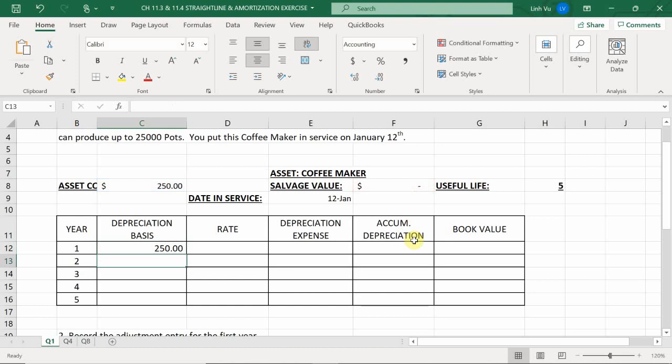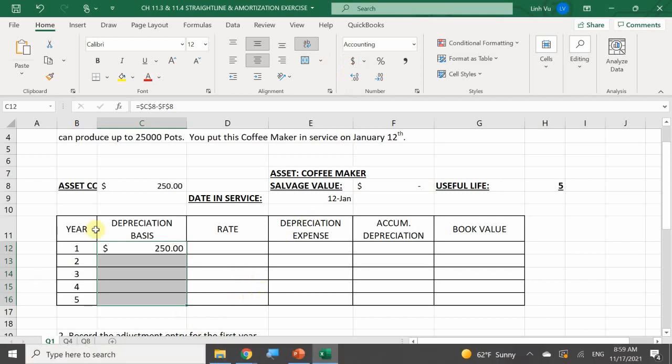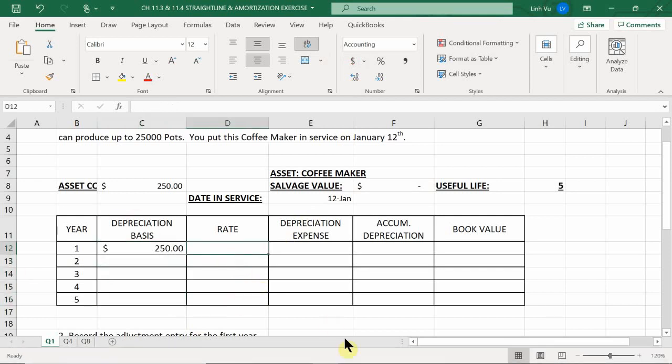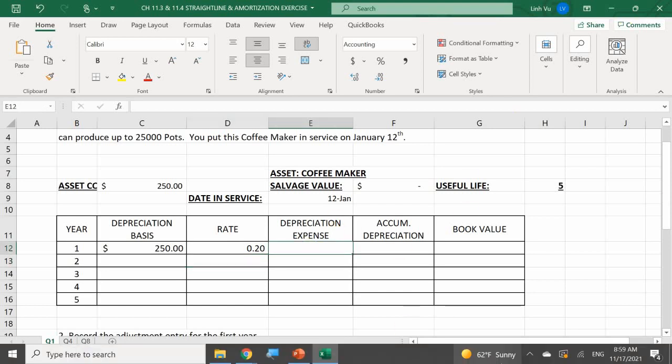That's still going to give you 250. What is my rate going to be? 20%. Good. 1 divided by 5 gives you 20%. So what is my depreciation expense for the first year? 50. Good. You take your depreciation basis times your rate, which gives you $50.